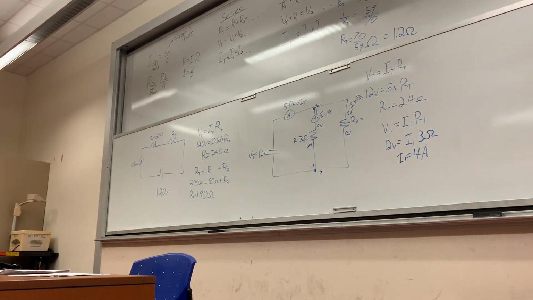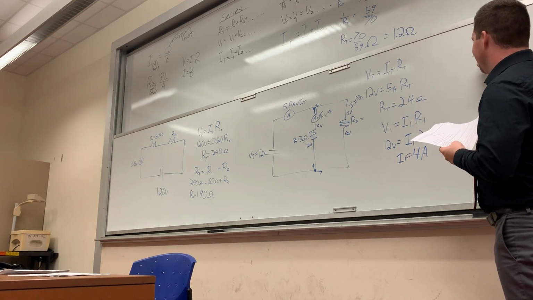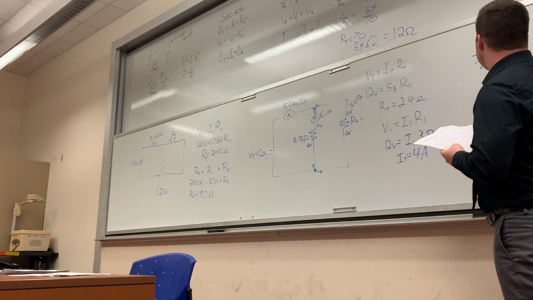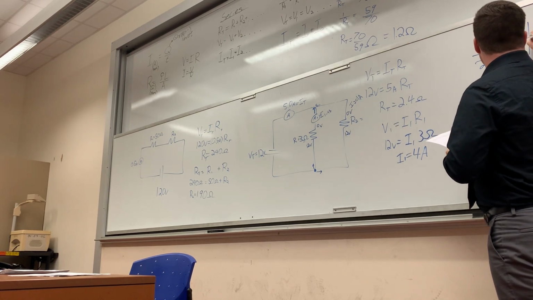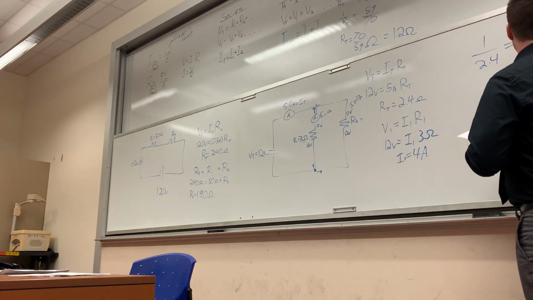Or we have total resistance, or 1 over the total resistance equals 1 over R1 plus 1 over R2. That would be a pain to solve. You don't want to do that. You could do 1 over 2.4 equals 1 over R2 plus 1 over 3.